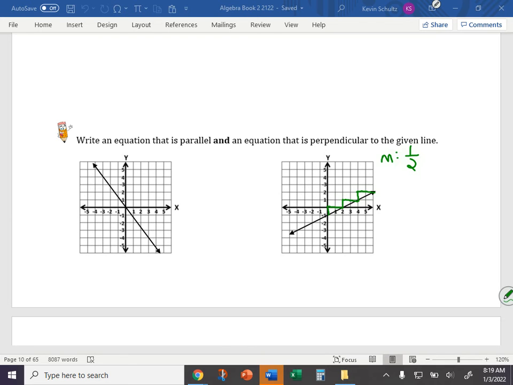There's the slope. What's the y-intercept? Negative 1. Okay? It crosses the y-axis at negative 1. So the original line has an equation of y equals 1/2 x minus 1. Okay?